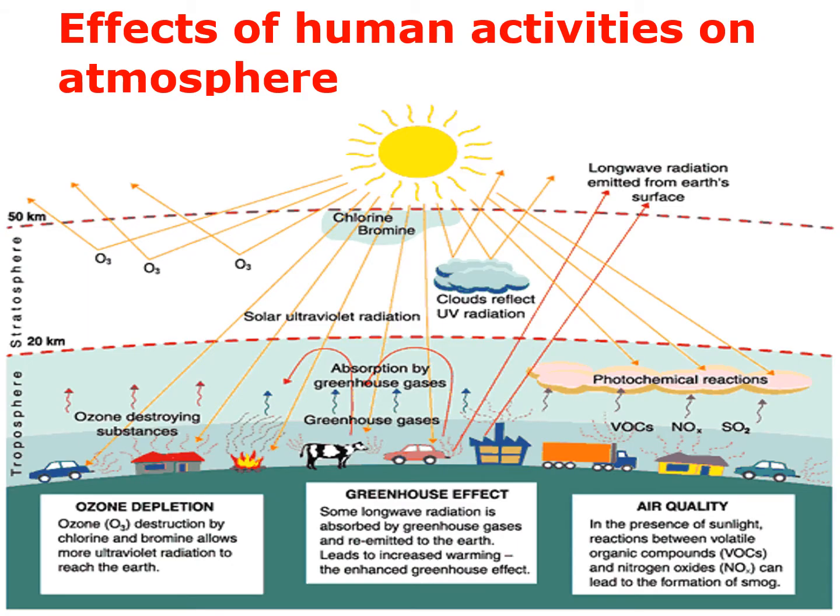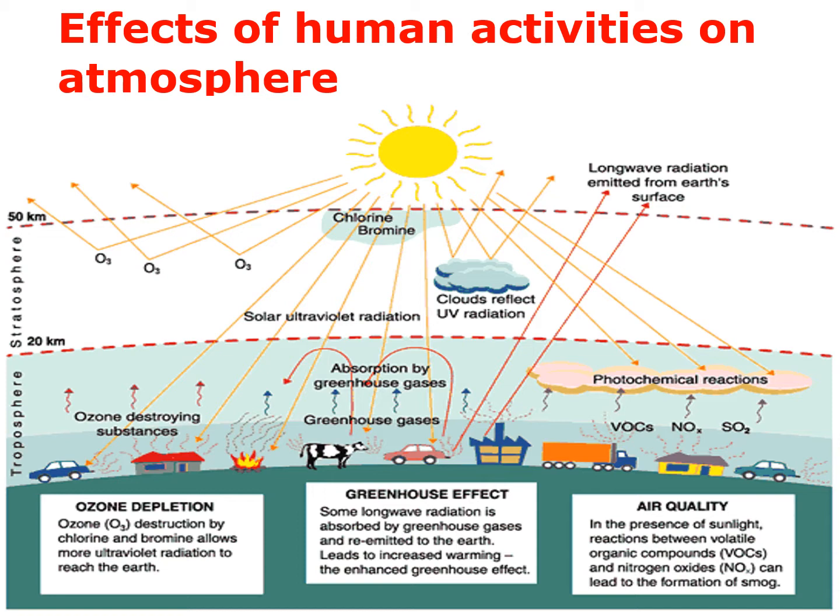Effects of human activities on atmosphere. As you see, this is the greenhouse effect. On your left side is ozone depletion. Ozone destruction by chlorine and bromine allows more ultraviolet radiation to reach the earth, and the adverse effects of UV.